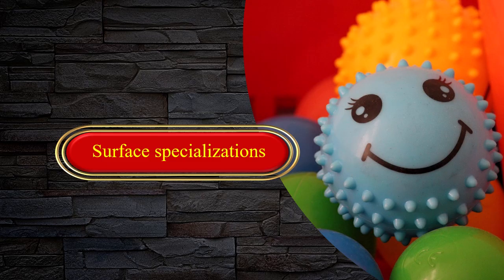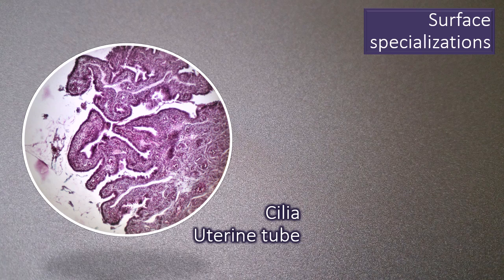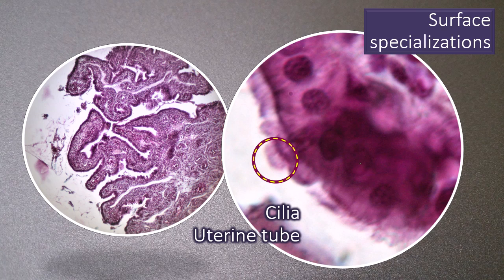Next, we can have certain surface specializations very particular to these epithelial cells. Well, it doesn't mean it is not there in others, but they are very notable in the epithelial cells. For example, in the case of the uterine tube, the fallopian tube, cilia, the contractions of which are responsible for movement of the ovum towards the uterine cavity. So this is the cilia.